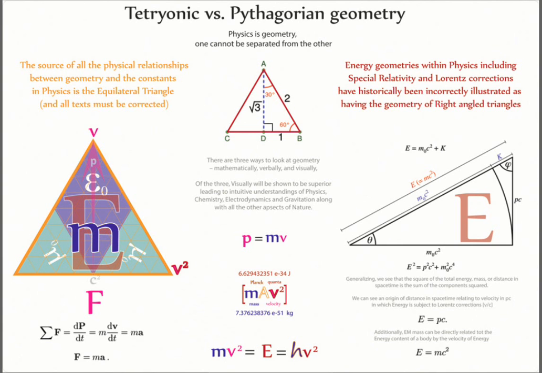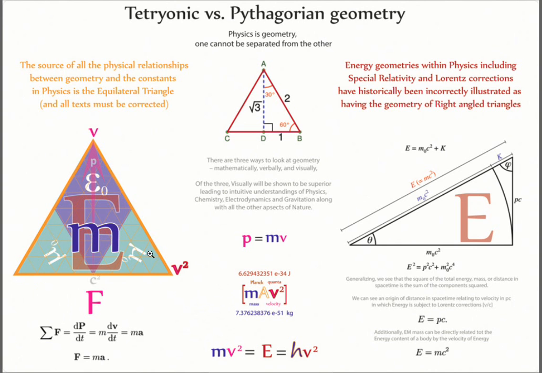We can obviously quickly show Newton's laws, particularly the second law of force, as an equilateral geometry, and the relationship of F equals ma for the force applied will give us changes in velocity over time, or accelerations.